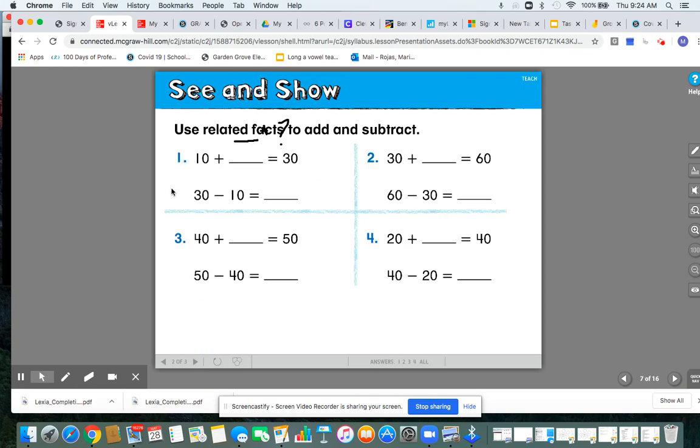So you're going to see number 1. It says 10 plus how many will give you 30? So I can say, well, 10 plus, if you need to use the little visuals, you can.